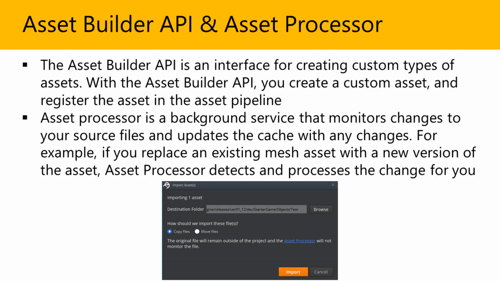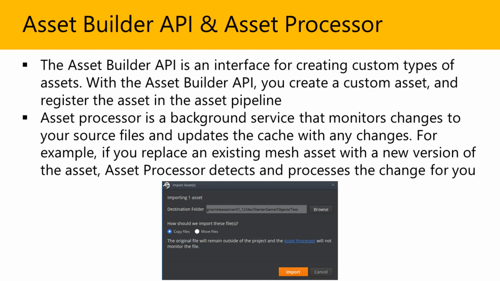Next is the asset builder API and the asset processor. The builder API is simply an interface for, let's say, creating custom types of asset. With the asset builder API, you can create, for example, your own choice of custom asset and register the asset in the pipeline itself. So the processor then processes the asset like any other file. So if, for example, you have a TIFF file or a DDS file, that you can use in Lumberyard.